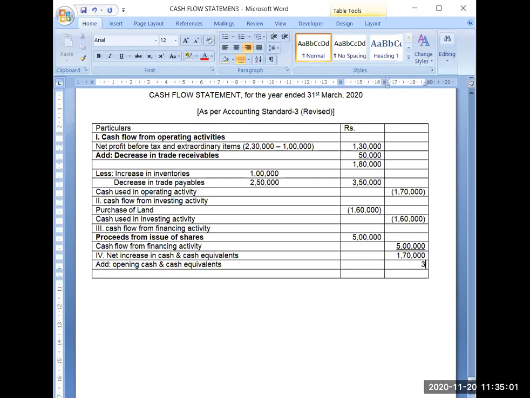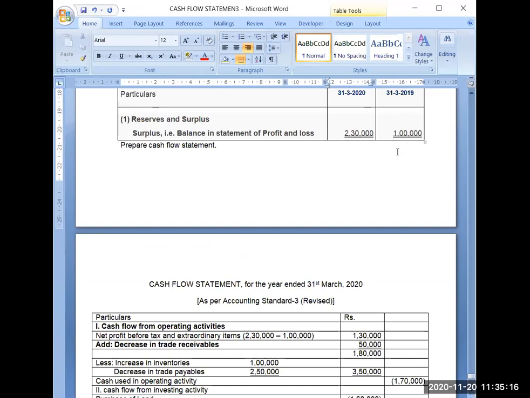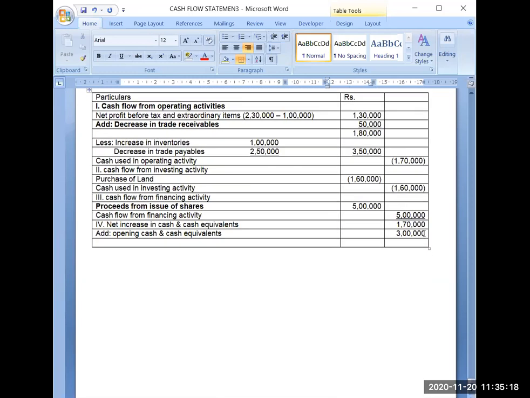So if we add 3 lakh to this, the answer will come to 4,70,000. In our balance sheet also, the closing cash and cash equivalents should be 4,70,000, and you can see that it is given as 4,70,000. So this way we can assure ourselves that whatever we have done, we have attempted it in a correct manner.